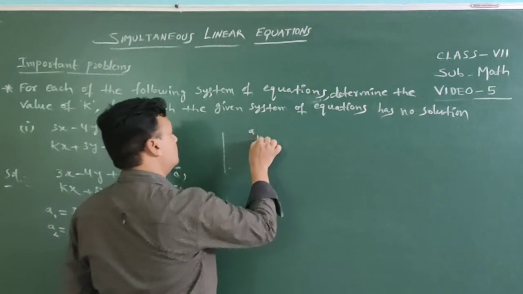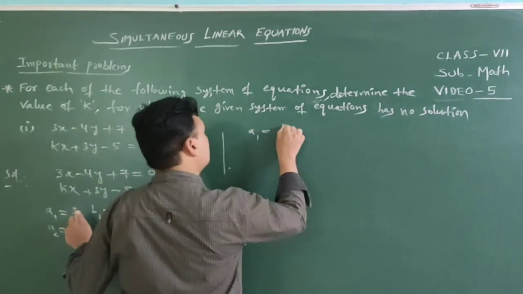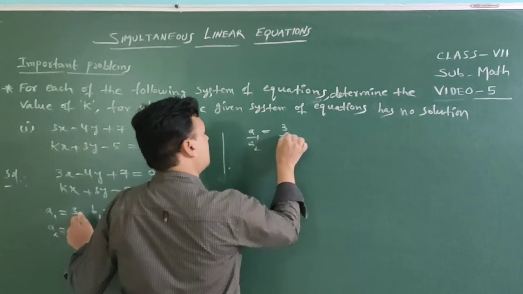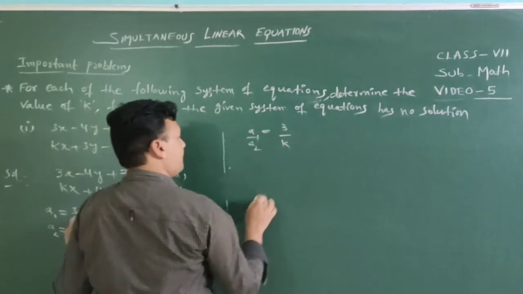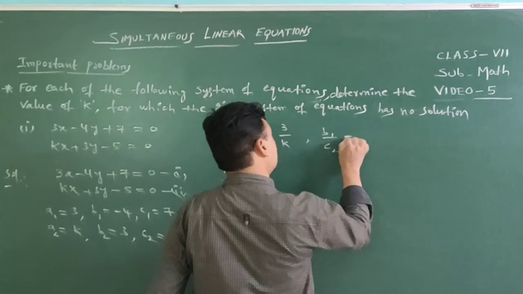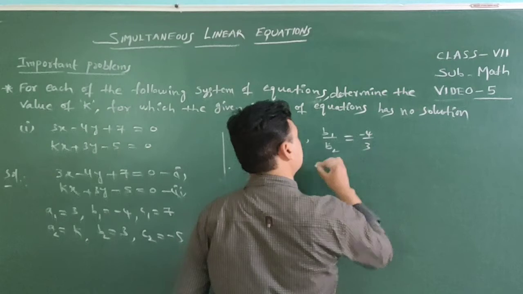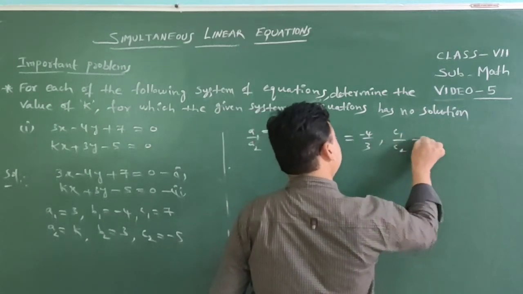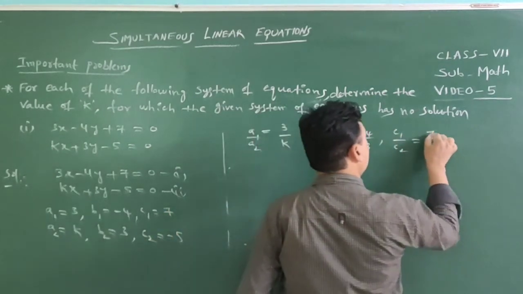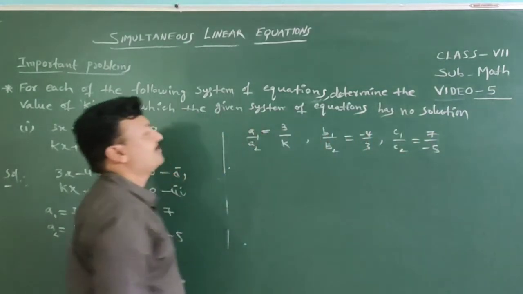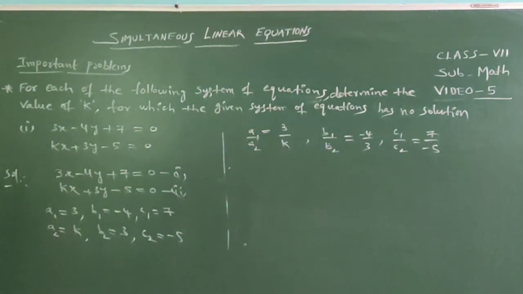So a1 by a2 is 3 by k, b1 by b2 is minus 4 by 3, c1 by c2 is 7 by minus 5, that is minus 7 by 5.